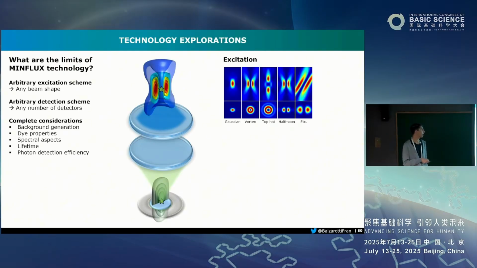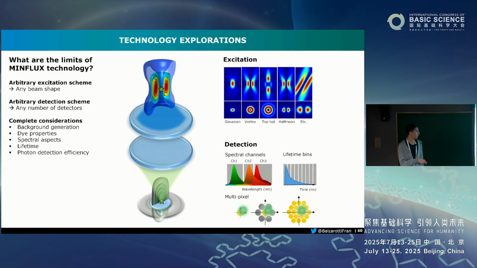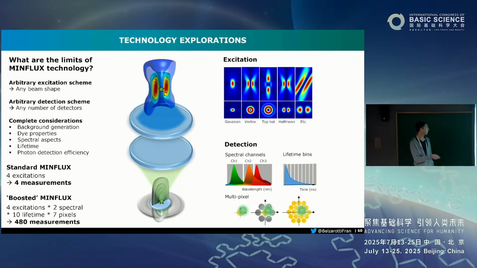And on the detection side, one can have a confocal detector, but one can also have spectral channels, time-correlated single photon counting, and multiple pixels as well. And this makes, instead of having a number of photons or few numbers of photons of the main measurement, you end up having hundreds of measurements of photons, which become more sparse, but they may be encoding more information.